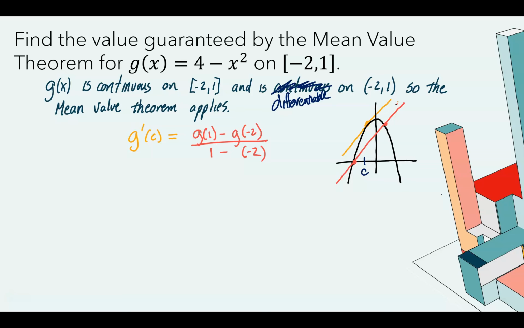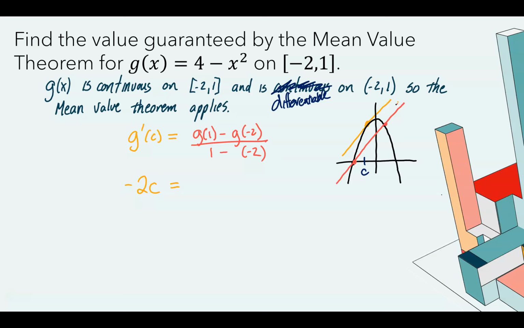And on the right-hand side, in pink, is g of 1 minus g of negative 2 over 1 minus negative 2, the slope of the secant line. So now all we have to do is simplify, simplify, simplify, and everything's going to be nice and organized, and we don't really have to explain our work.